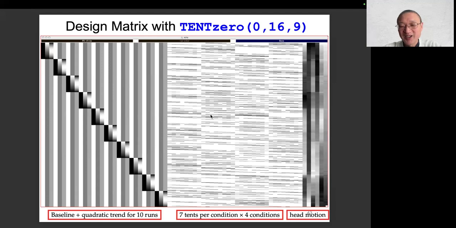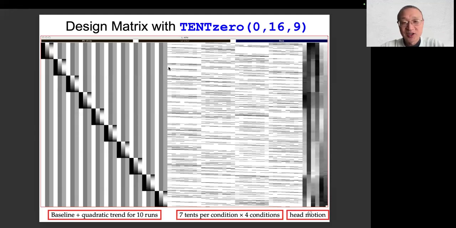It's pretty messy. Remember there are 10 rounds. Suppose we use quadratic polynomials. Each round will have 3 columns, 3 regressors. The first 3 columns are for the first round, so all the way, the first 30 columns are for the baseline and the drift, the linear plus quadratic.